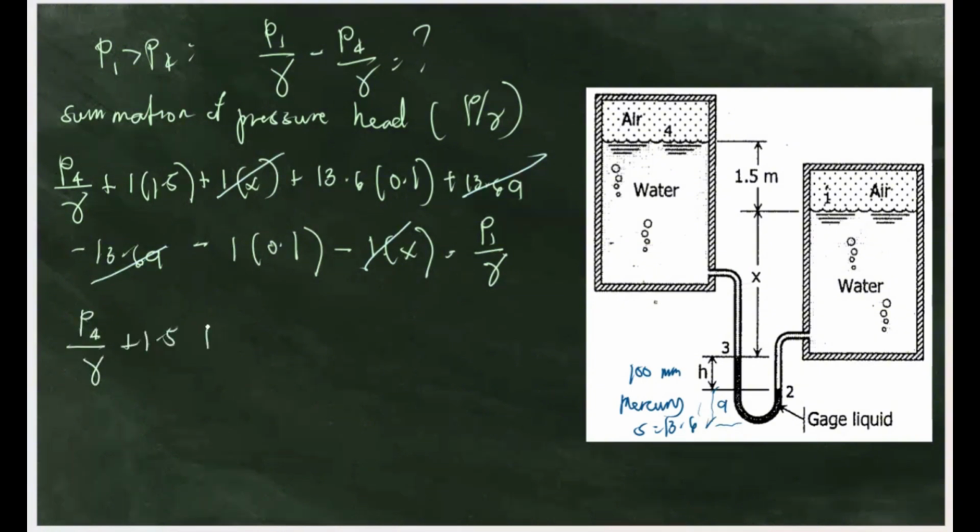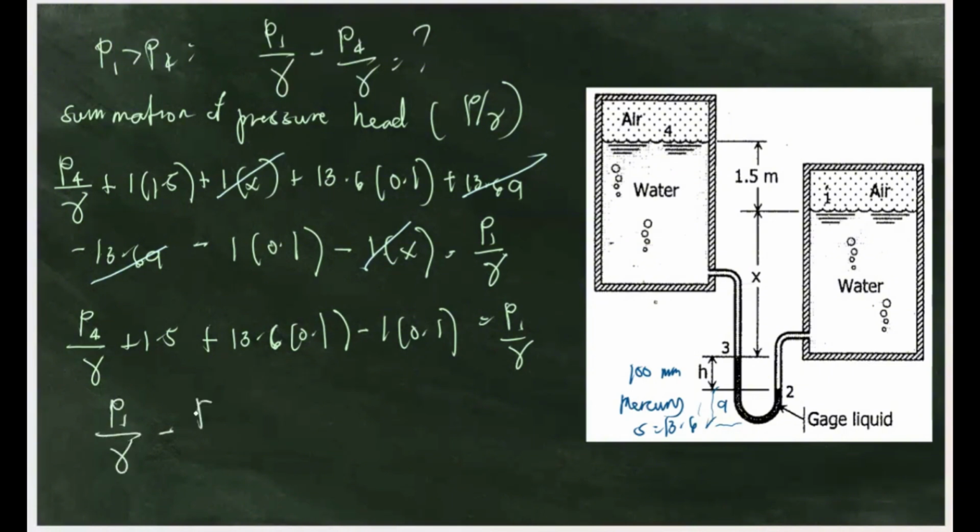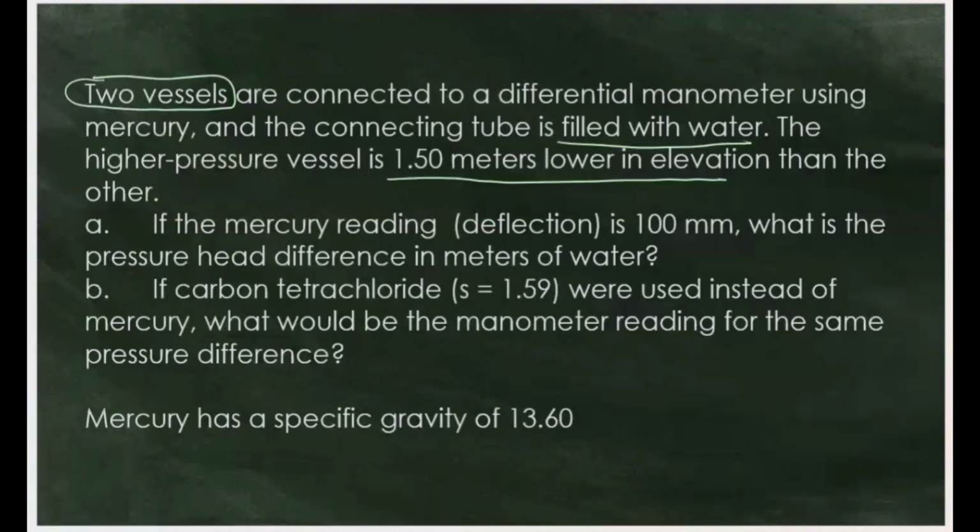Okay, and then plus, ano ba to? 13.6 times 0.1 minus 1 times 0.1, okay, is equal to P sub 1 over gamma. So, lipat ko sa kabila kasi hinahanap ko is P sub 1 over gamma minus P sub 4 over gamma. So, ganong format natin hanapin yung sagot. So, P sub 1 over gamma minus P sub 4 over gamma. So, parang ito nilipat ko sa kabilang side na equation. So, lalabas is equal to, pag samasamahin natin to lahat, equal to 2.76 meters. Ang tinatanong kasi ay pressure head difference in meters of water.